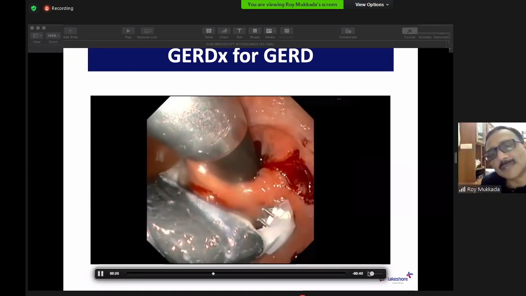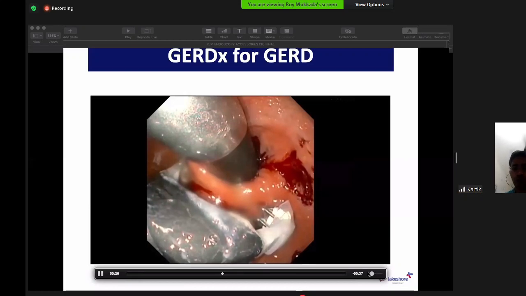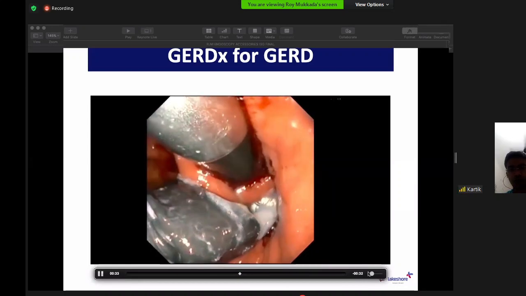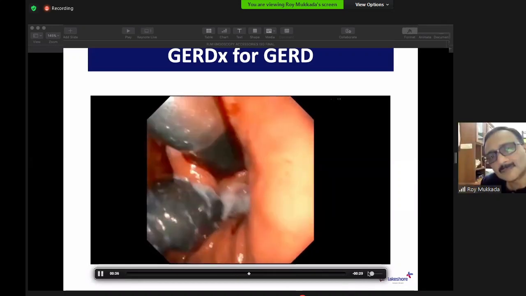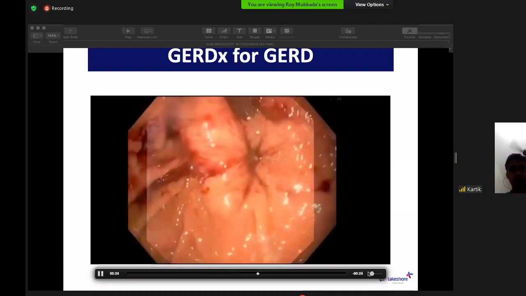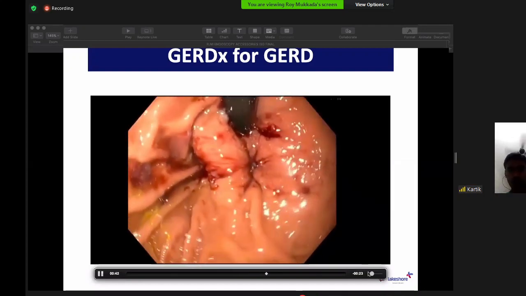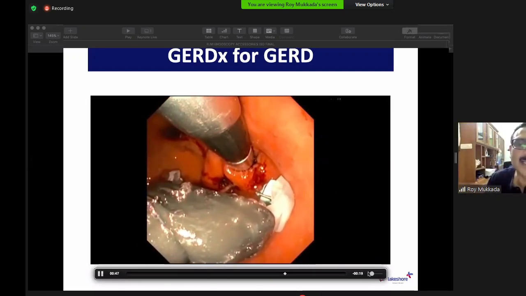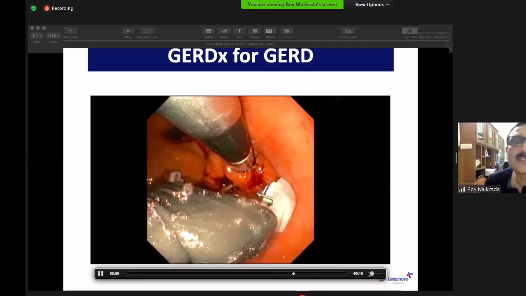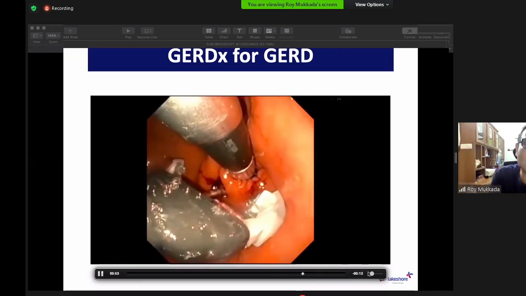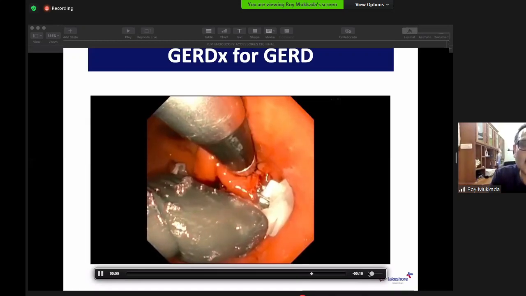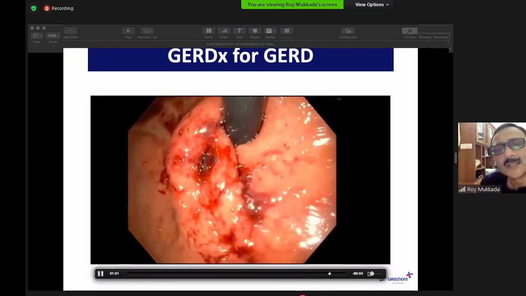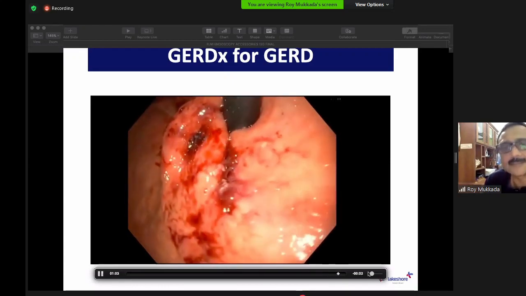Not only the mucosa plication, sir; beyond the mucosa, it can even take a full thickness suture, sir. So this requires 2 scopes. One is the nasal scope, the slim scope, which you have to pass through. This is actually a view from the slim scope. We are seeing what the Gerdex applicator is doing. Okay, so that is Gerdex.